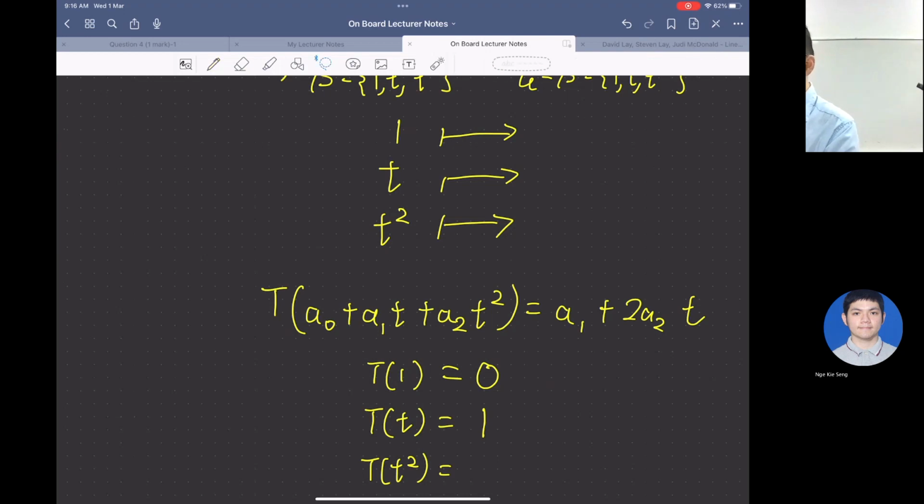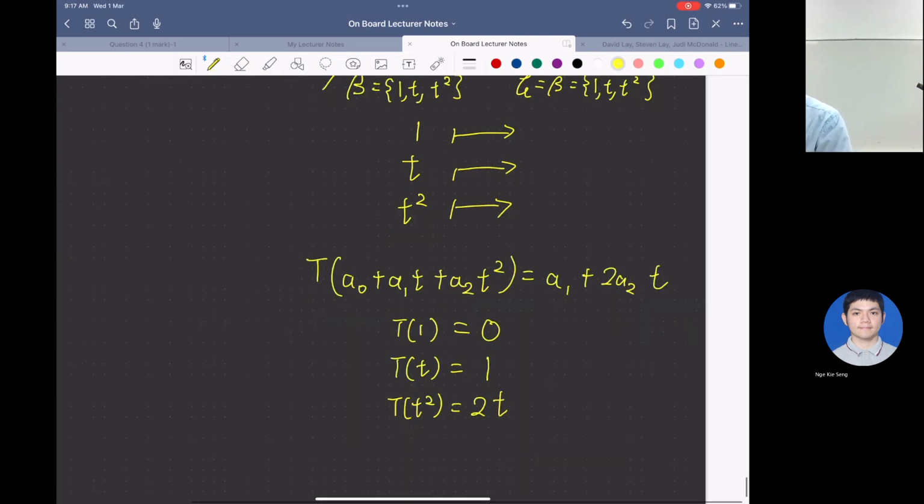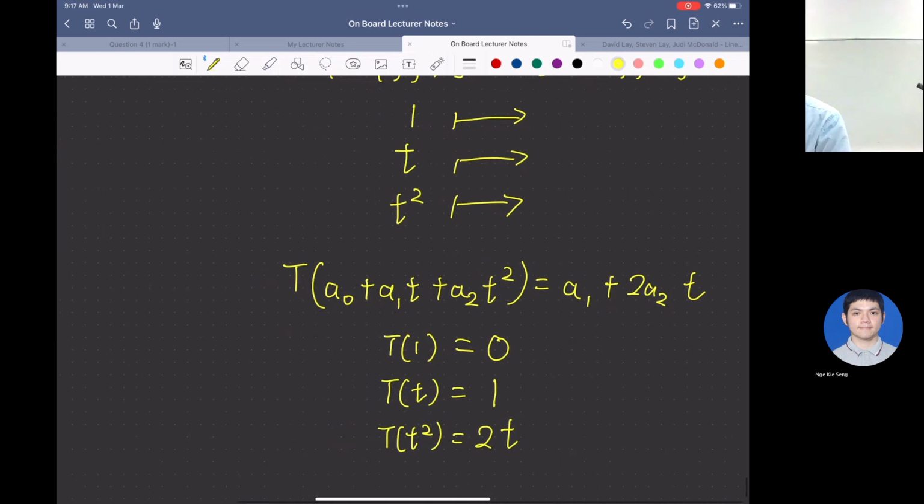You read the coefficient and multiply by t, so you get 2t. So far okay? Any question? So we have 0, 1, 2t.